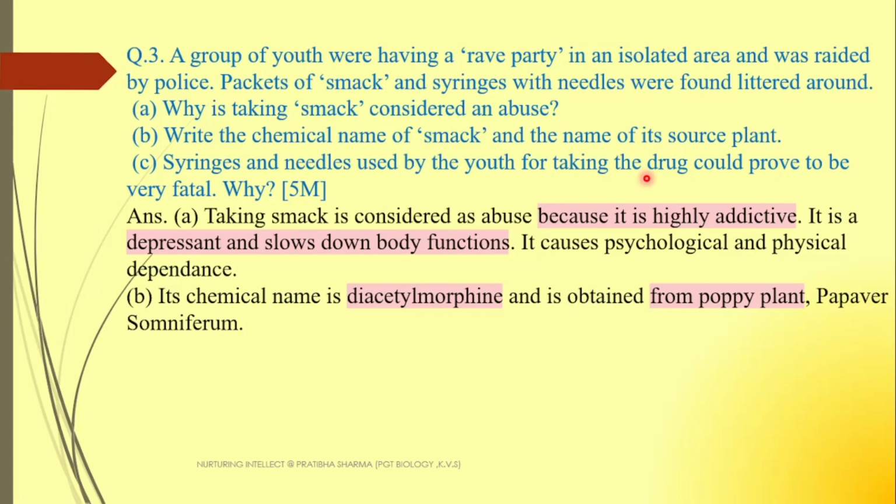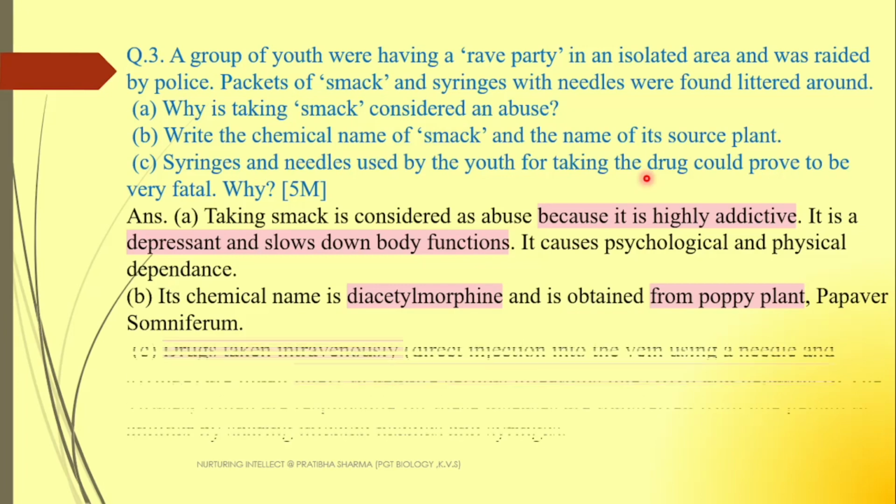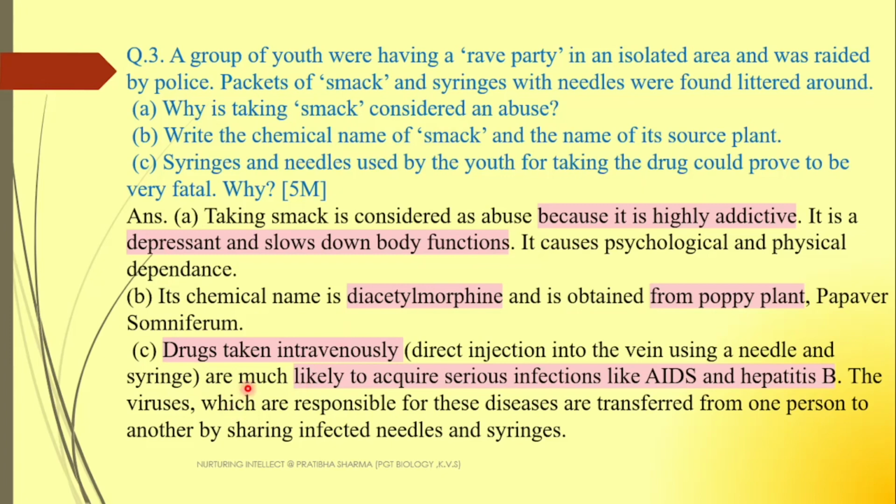The syringes and needles used for intravenous drug injection can cause death. Because when drugs are taken intravenously, the person is likely to acquire serious infections like AIDS and hepatitis B. There is no cure for this disease and it may cause the death of the person.